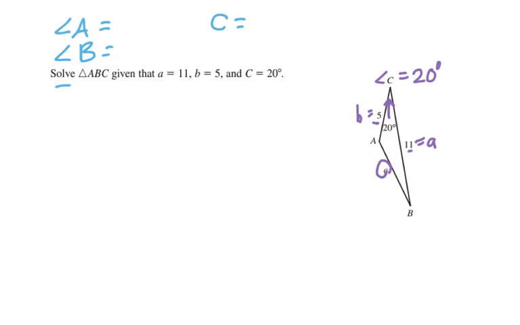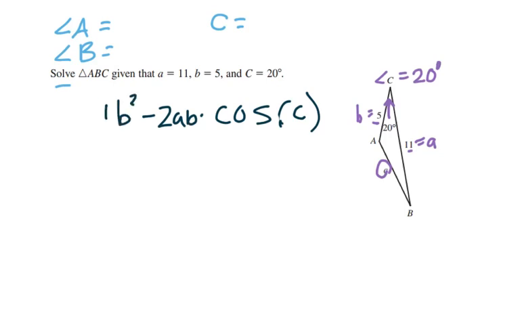So, taking a look at how we'd set this up, at least to find side length c, we would go ahead and use our law of cosines. That means we're going to use the one that uses cosine of C, right, because we have angle C. So that's going to be multiplied by negative 2ab, and then it's going to be added with b squared and a squared, and then that's going to equal our c squared.